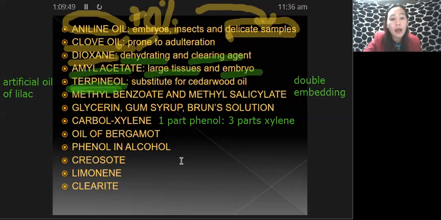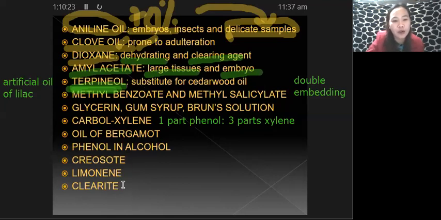Okay? So other clearing agents, we have oil of bergamot, phenol in alcohol, creosote. And we also have newer clearing agents. We have your limonene, which is from the term itself, limon, but hindi lemonine. Limonene ang nakalagay. This is an aromatic oil that is present in citrus peels.